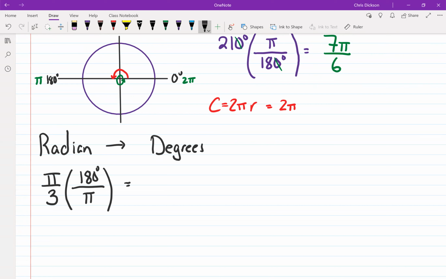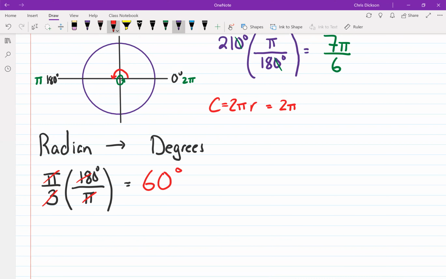But I'm actually going to do a cancellation method here because I think it just works better here. The pi divided by pi would cancel, so the pi's would be gone. And then I've got 3, and I'm going to divide that into 180 first. So 3 goes into 18 6 times, and then 3 would go into 0 times. So this would be the same thing as 60 degrees.